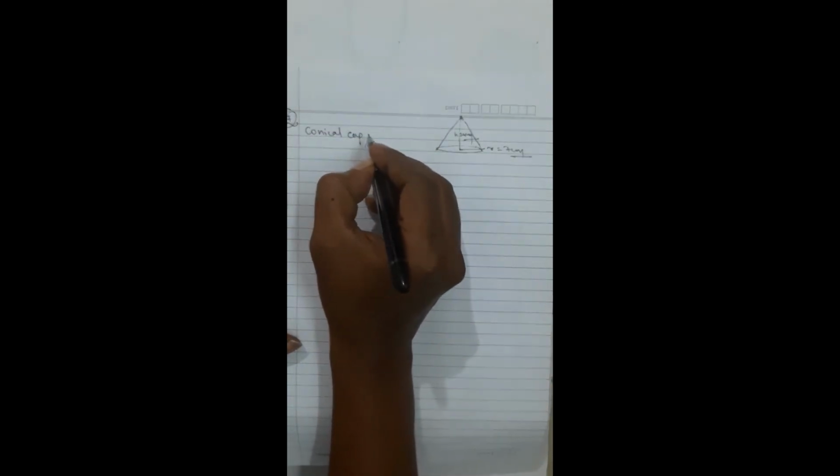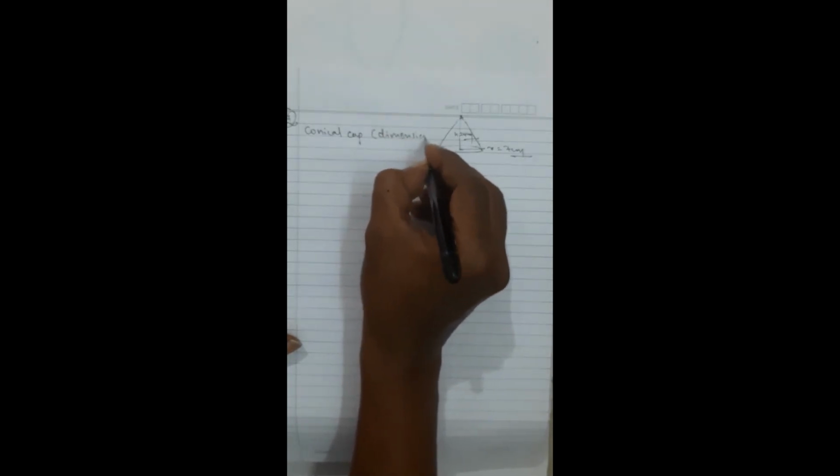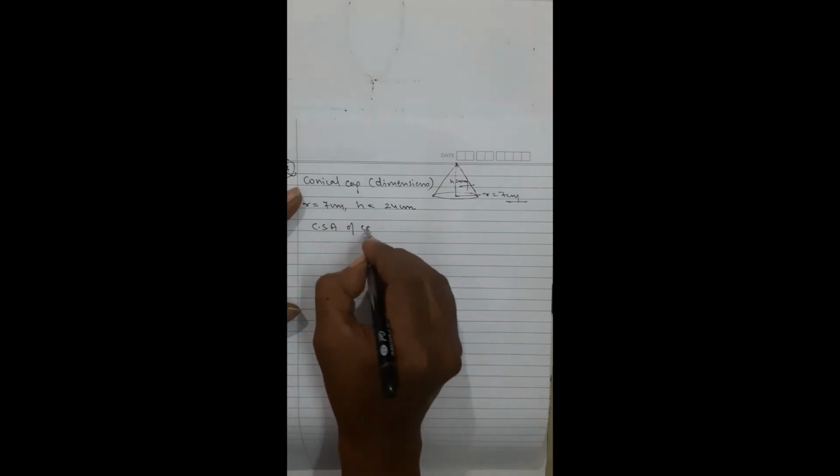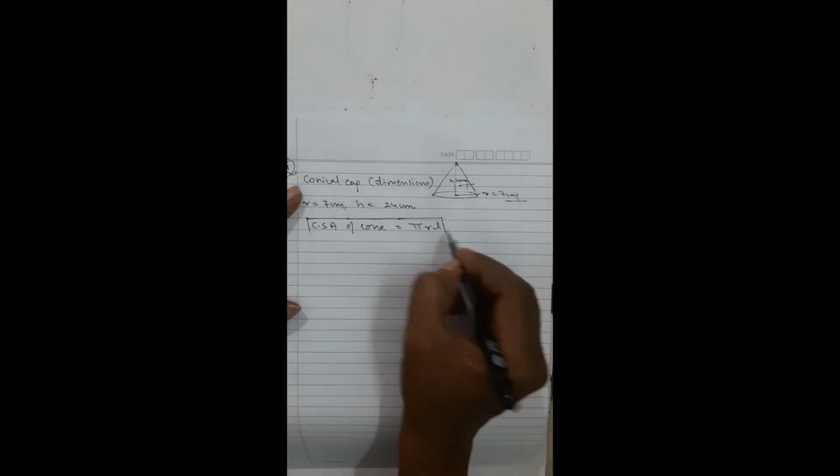Conical cap. What are the dimensions of this? R is equal to 7 centimeter. Height is equal to 24 centimeter. So now curved surface area of cone is basically equal to pi RL. So we will require to find L first. L is equal to root of R square plus H square.